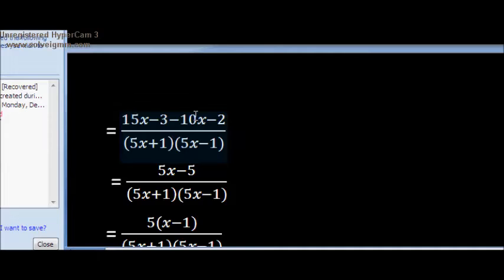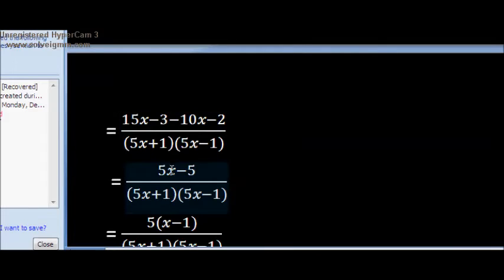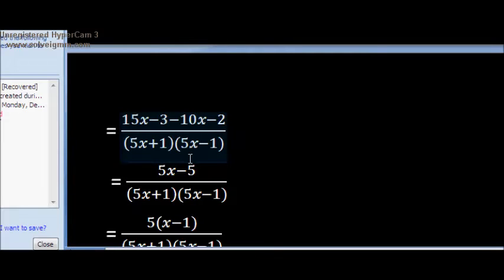Now you can combine the like terms, x term with x term and constant terms together, minus 3 with minus 2. So 15x minus 10x equals 5x, minus 3 minus 2 equals minus 5.